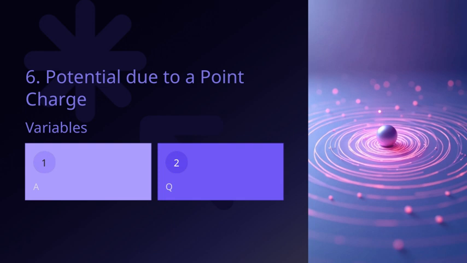Understanding the potential helps us visualize how energy is stored in the electric field, which is crucial for many applications in physics and engineering. So, in essence, the potential due to a point charge is a straightforward but powerful concept that links charge, distance, and energy in the electric field.